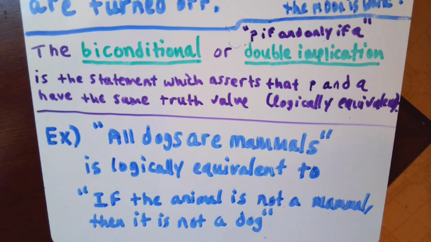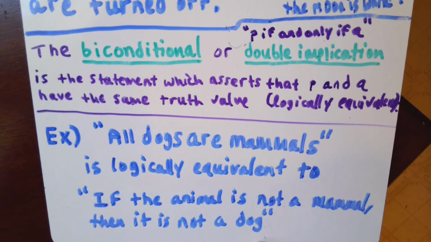We know that by definition, because mammals include dogs and all kinds of other animals. We want to examine the other statement: if the animal is not a mammal, then it is not a dog. These two are logically equivalent.